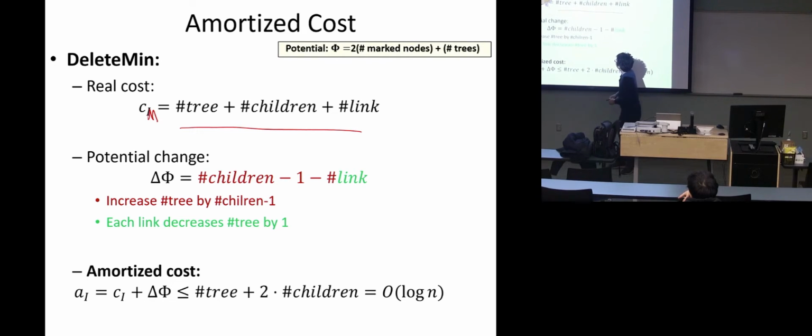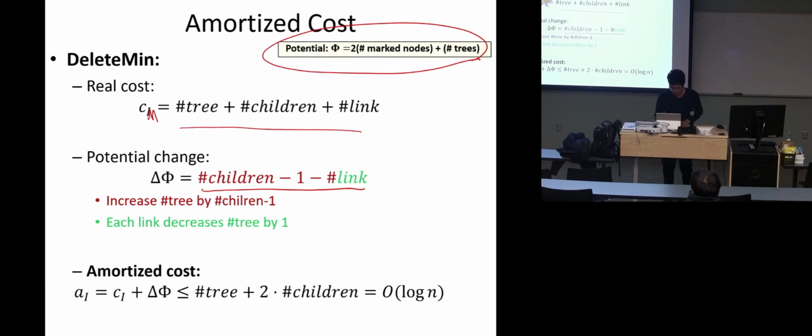And again, for each link, you decrease the potential, so you get this decrease in potential. Just to make sure you understand how to calculate this: it's from the definition here. When I increase or decrease the number of trees, that changes this thing, so I just look at how it changed.